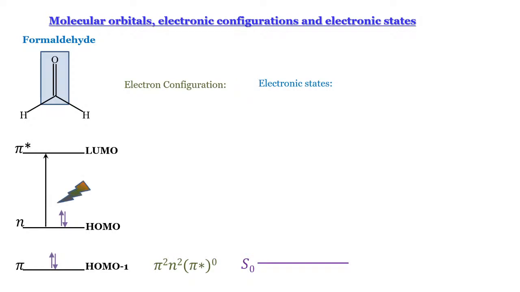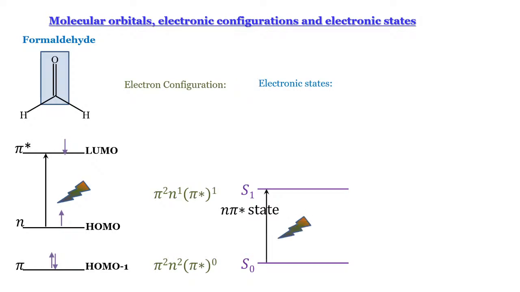In the next level, we can think that we promote an electron, maybe by shining light if it is absorbed, from HOMO to LUMO, ending up with this kind of configuration: pi 2, n 1, pi star 1. And now there can be 2 situations actually. You can get a singlet if the electrons are still paired, and in any case it's called an n pi star state.